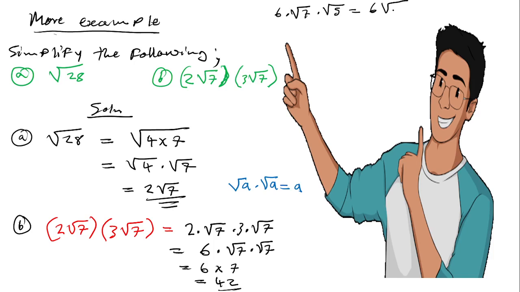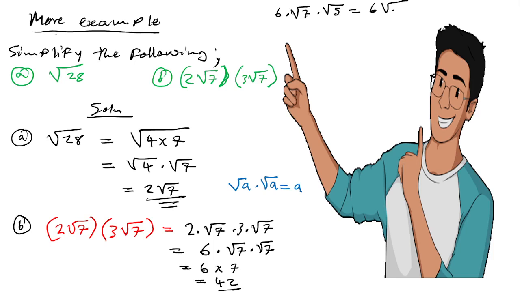This expression, square root 5 plus square root 2 to the power 2, is the same as open bracket square root 5 plus square root 2 close bracket, and then open bracket square root 5 plus square root 2 close bracket like that, because this is multiplying by itself twice.